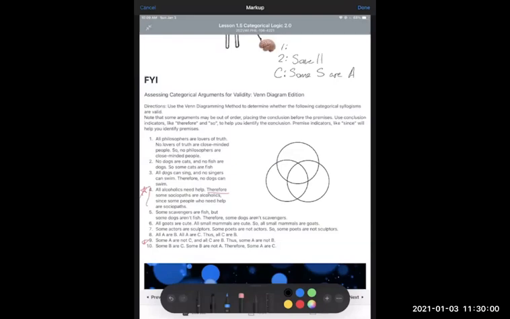Let's say some H are S. And now you see here that the subject term of the conclusion is found in the second premise. Okay. And of course, that means that the other sentence goes here as premise 1, all A are H. Okay, so that's the first thing that I do.